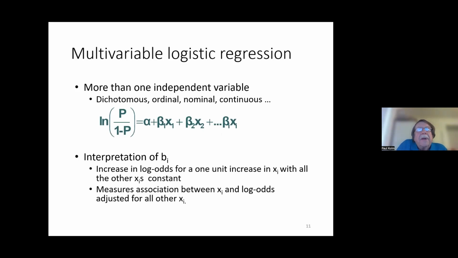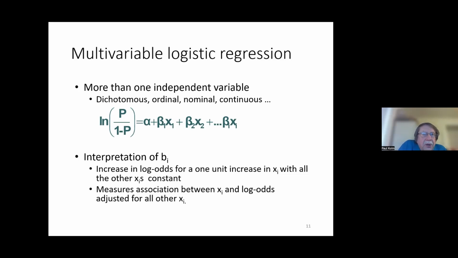So we can then extend logistic regression, just as we did linear regression, to more than one independent variable. And these independent variables, the x's here, can be dichotomous, continuous, ordinal, or any kind of numeric value. But you can see that what we're modeling is the log odds, the log of the probability of the event divided by 1 minus the probability of the event.